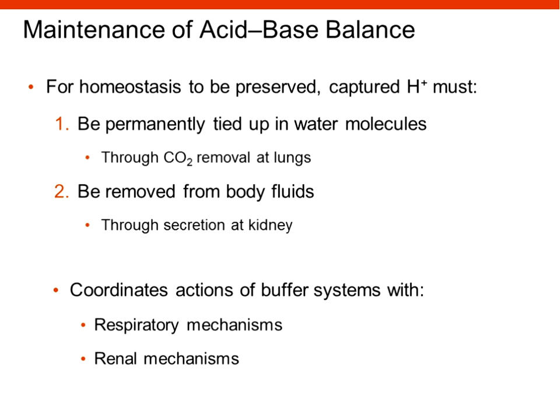Okay. So for homeostasis to be balanced, you have to capture hydrogen ions temporarily at any given point in time until you can remove them, and then you need to be able to remove them from the body fluids. You remove them by removing carbon dioxide at the lungs, or removing them through the kidneys through secretion in the urine. Okay.